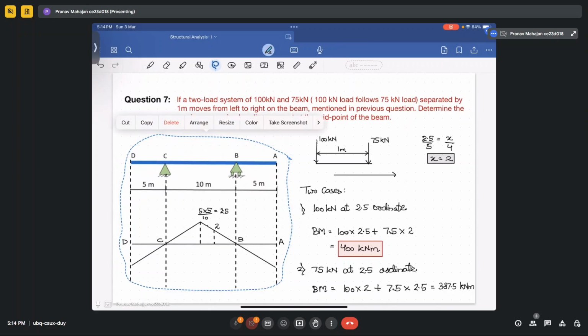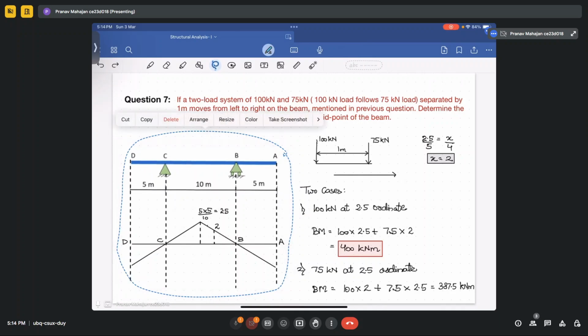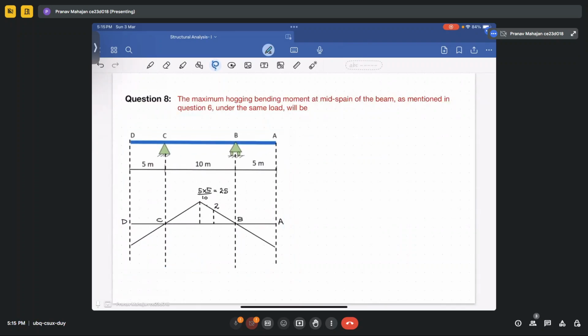And I will utilize this figure for calculating the hogging moment. In this case, the maximum value of the hogging moment will come out to be, so 2.5 upon 5 is equal to x upon 5. So this value will be 2.5.